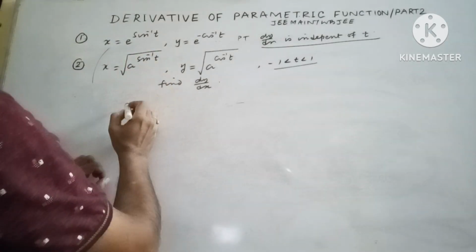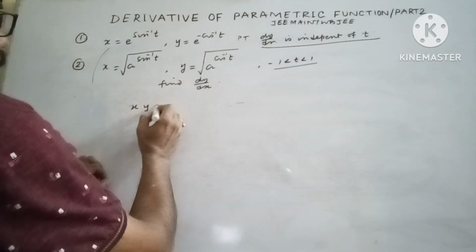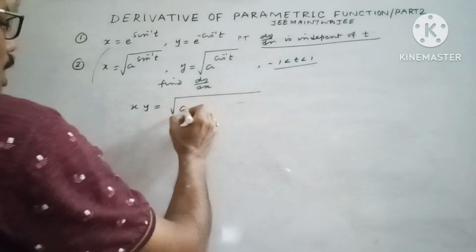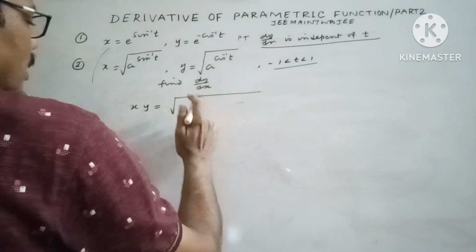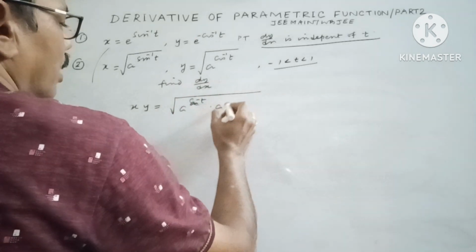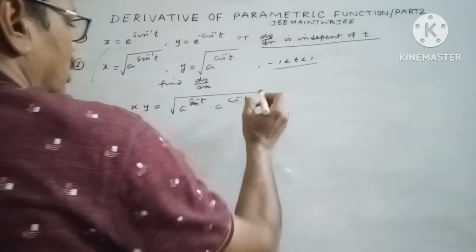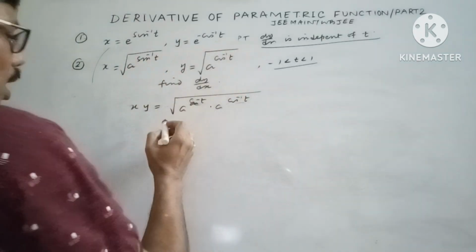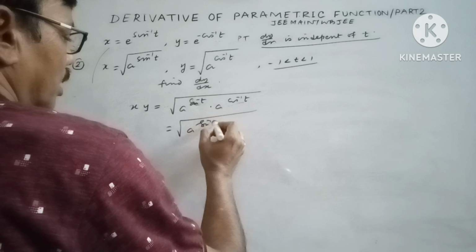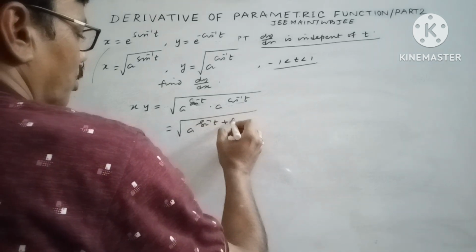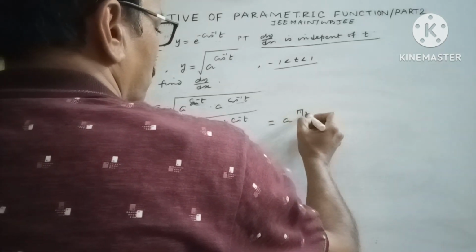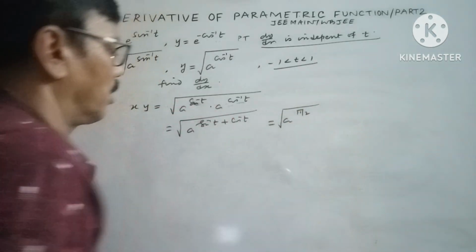So look, if we take x into y, we get root over a to the power sin inverse t into a to the power cos inverse t. So a to the power sin inverse t plus cos inverse t, so a to the power pi by 2, by 2.